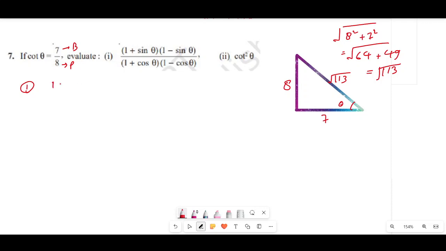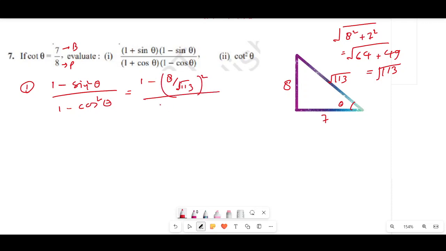We will get a plus b, a minus b, which will be 1 minus sine square theta, and this will be 1 minus cos square theta. Then what is the value of sine square theta? That means sine theta is the value of perpendicular by hypotenuse. Perpendicular is 8 by root 113, squared.